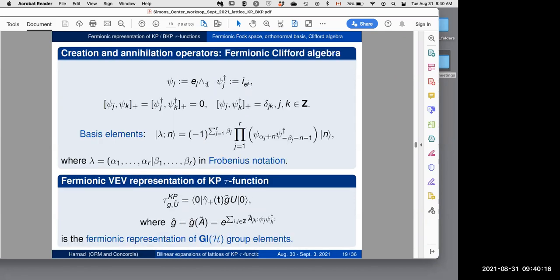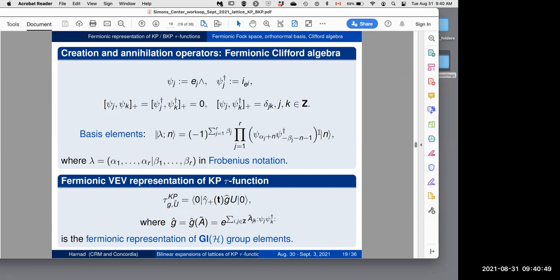The Fermi creation and annihilation operators are just exterior product with the basis elements or interior product with the dual basis elements. This exactly realizes the Clifford algebra corresponding to a quadratic form which is null on the H subspace, null on the H star subspace, with H and H star dualized. The basis elements in Frobenius notation can also be written this way.